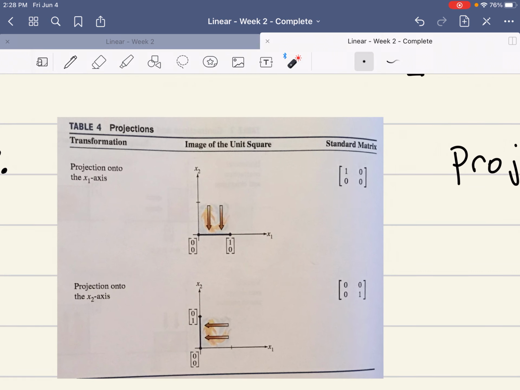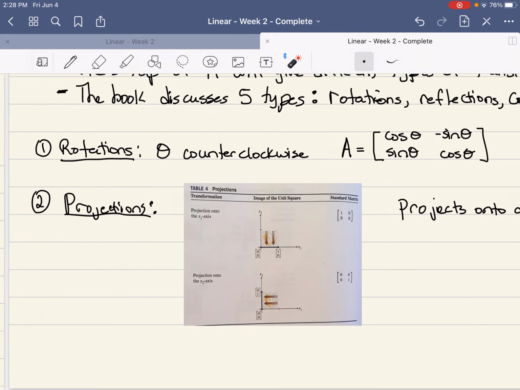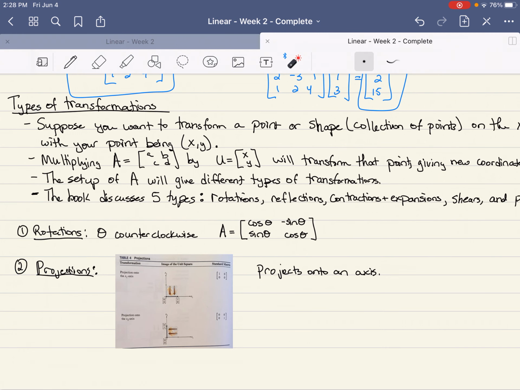Projections take your shape and smush it onto the axis. So you can see here, they had this shape of fish, and the fish got smushed down onto a straight line. Here, they had their fish, and they got smushed onto the x2 or y-axis, depending on how you want to think about it. Projections are important.